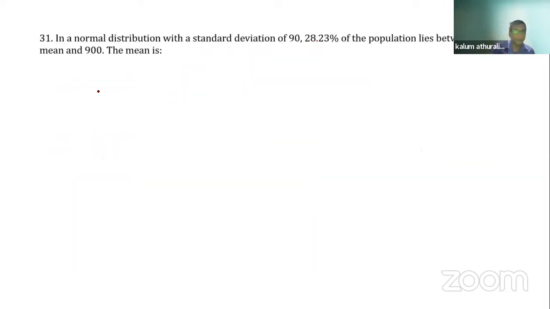Okay, and this one. In the normal distribution, with a standard deviation of 90, 28.323% of the population lies between the mean and 900. The mean is... Now, in this question, the probability is given.